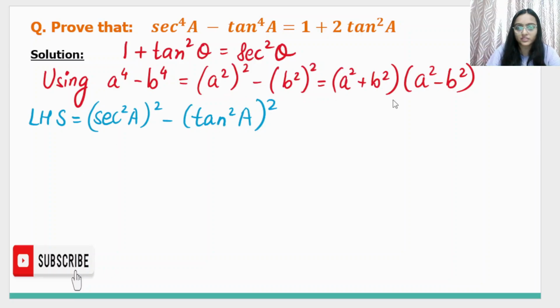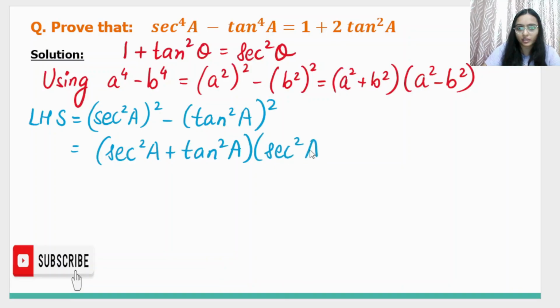And then we can use this algebraic formula. So we get sec square A plus tan square A in one bracket, and in another bracket we get sec square A minus tan square A, right?